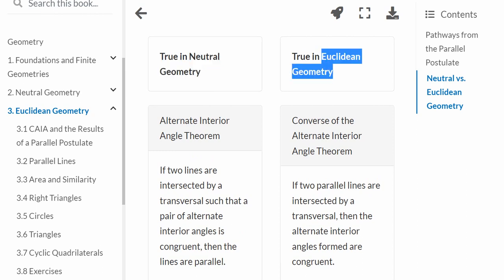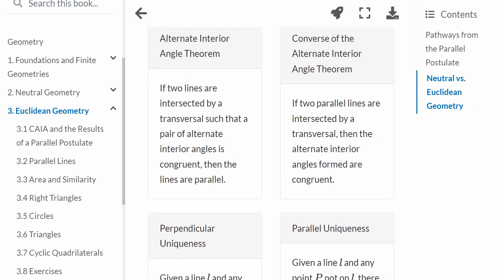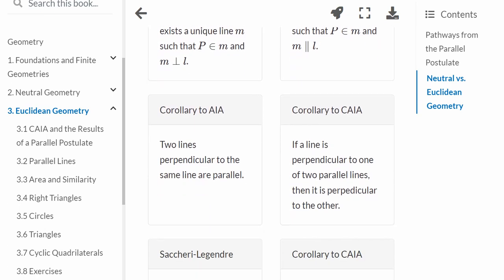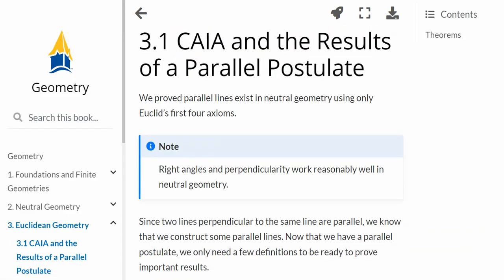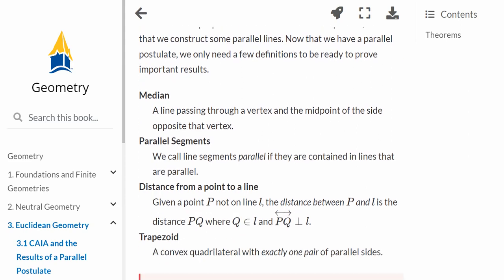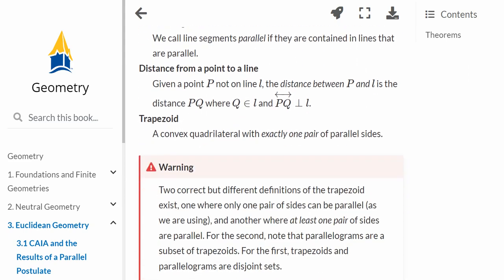So as soon as we get the Euclidean parallel postulate, we get these things here on the right. But these things on the left are things that feel like they'd be true, but are not. Okay, so going into the results of the parallel postulate, these two sections, 3.0 and 3.1, are definitely good sections to read.